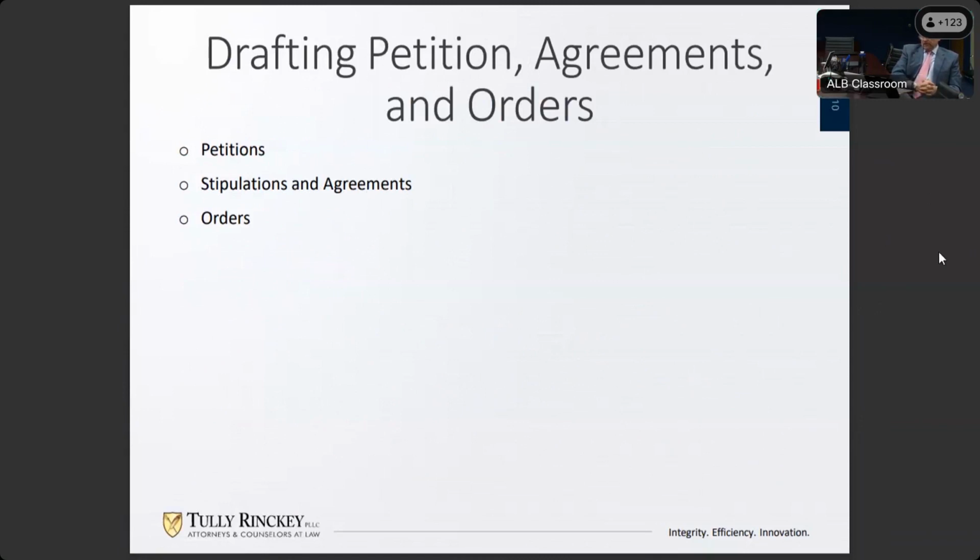Now, stipulations and agreements. Remember, in stipulations or agreements, you can do anything that you want regarding child support. Say if 17% is $500 a week, you can agree it's going to be $300 a week.